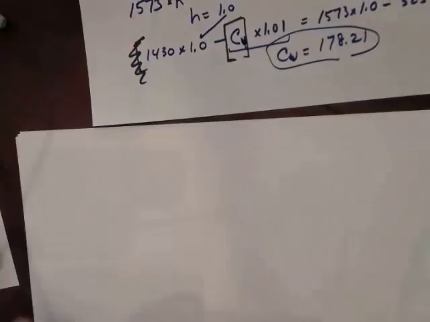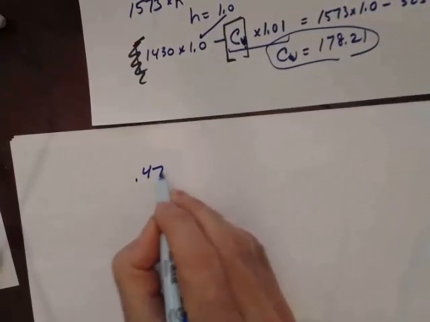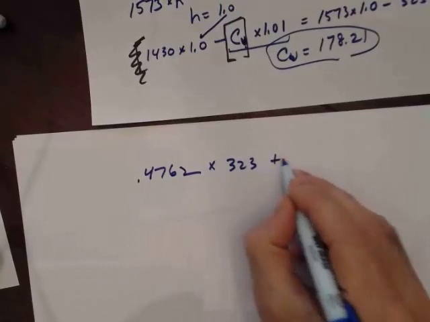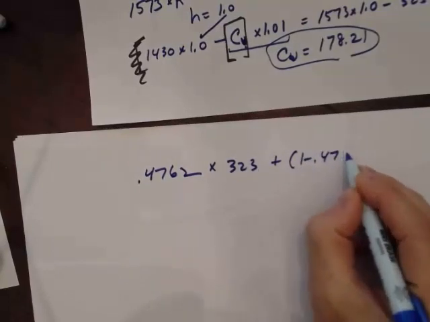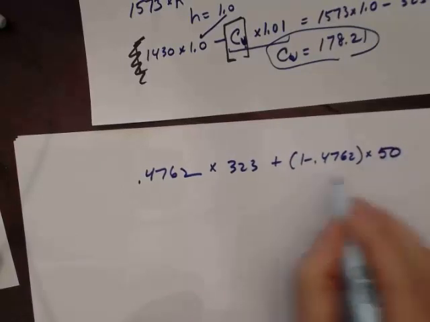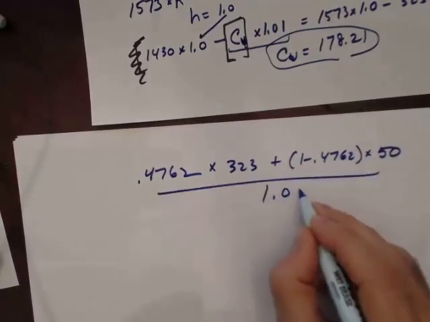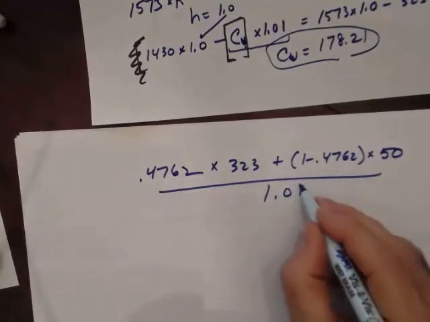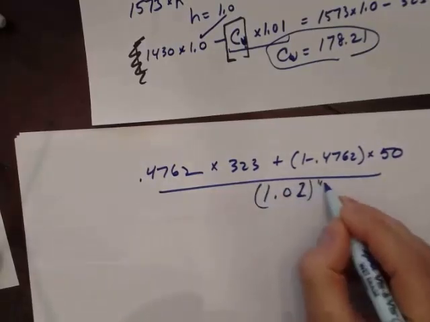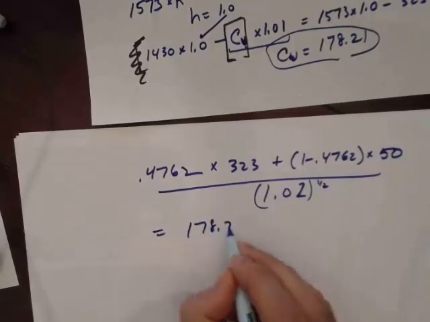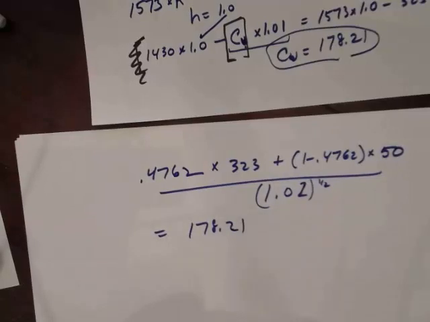I'll show it to you. Take the 0.4762, the probability of going up, times the 323, and take 1 minus the 0.4762, which is the probability of going down, times the 50, and discount it all back at 1.01. Or you could say 1.02 to the 1/2 power, because we're looking at a half step, and you'll come up with 178.21. You might have a little bit of rounding in pennies here and there because we're doing a lot of calculations.